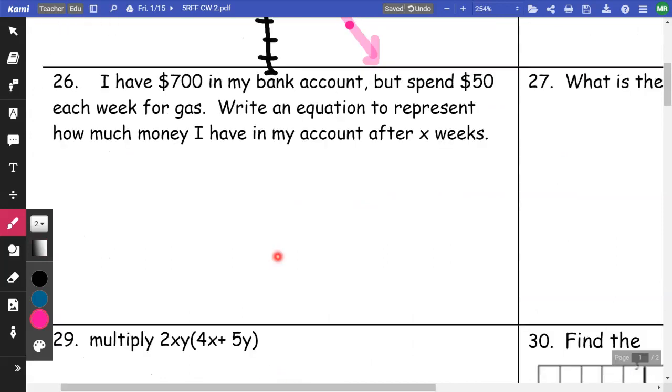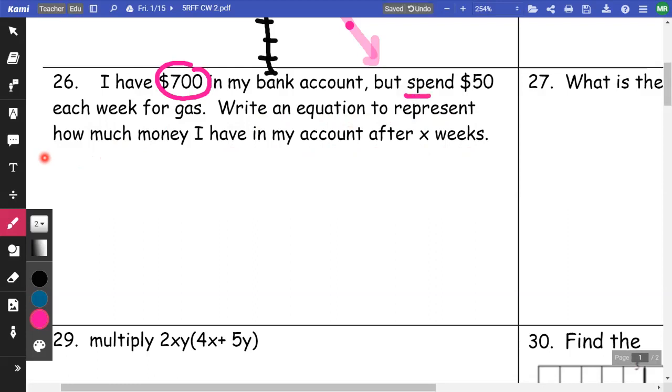Okay, on 26, I have $700 in my bank account, but spend $50 each week for gas. Write an equation to represent how much money I have in my account after x weeks. Okay, so for this, I'm starting with $700 in my bank.